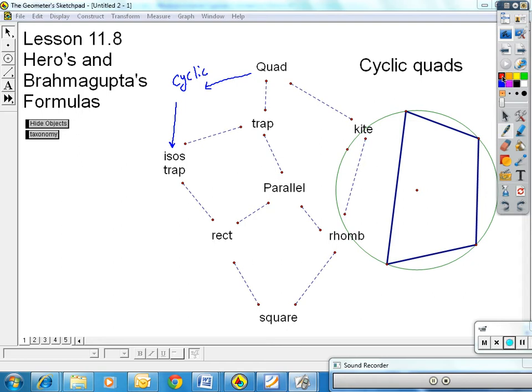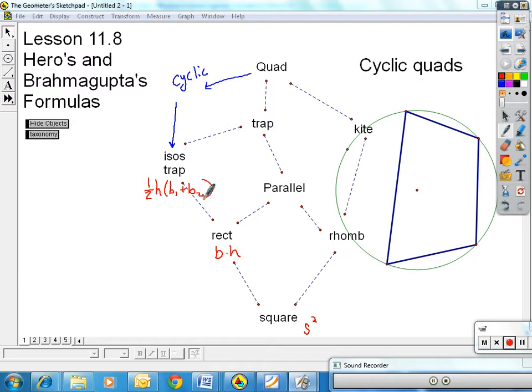For example, a square: each side squared is equal to the area. And then the rectangle is the base times the height. And the isosceles trapezoid is a trapezoid, so it's 1/2 the height times base 1 plus base 2.